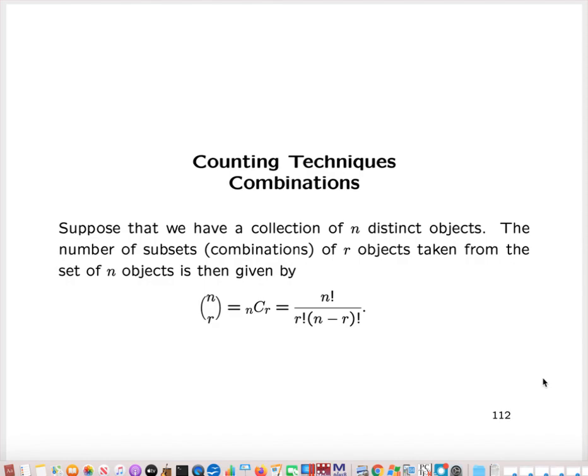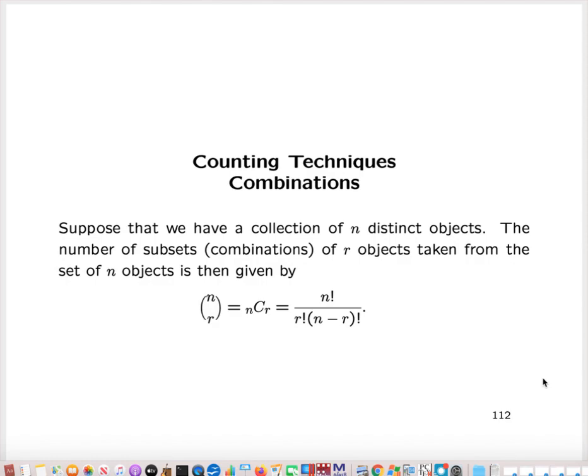Now we're going to look at the third counting technique called counting combinations. So suppose that we have a collection of n distinct objects. What we're interested in is counting the number of subsets, which are also called combinations, of R objects taken from the set of n objects.